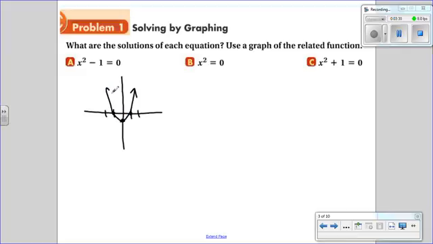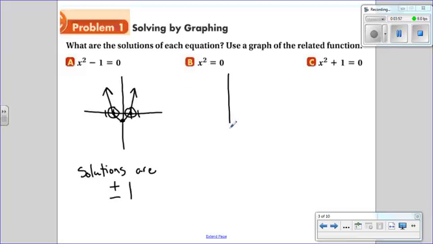And where does it cross the x-axis? Right there. So my solutions are -1 and +1. A lot of times we'll just write it like this: plus or minus 1. So that's one that has 2 solutions.